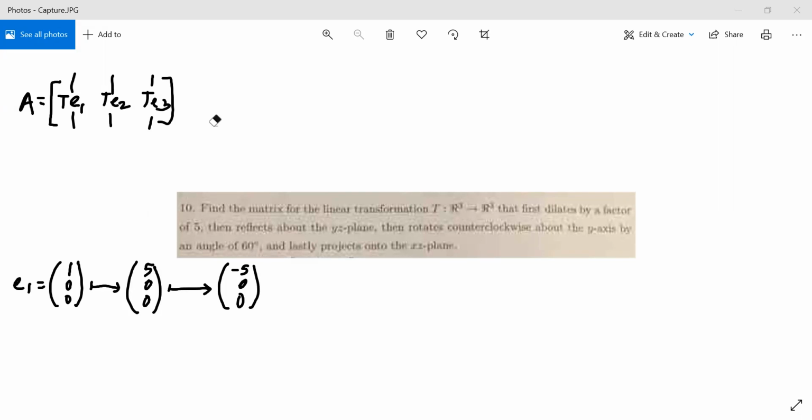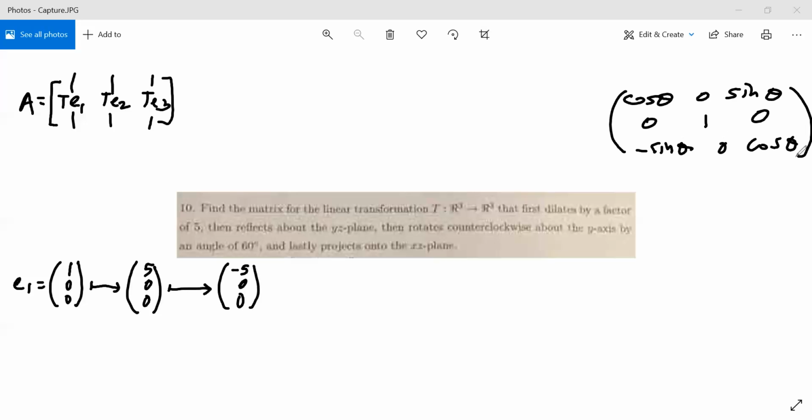So let me write it in this corner. That's cosine theta, 0, sine theta; 0, 1, 0; negative sine theta, 0, cosine theta. That's our rotation.